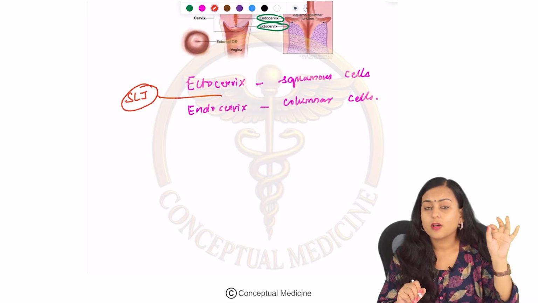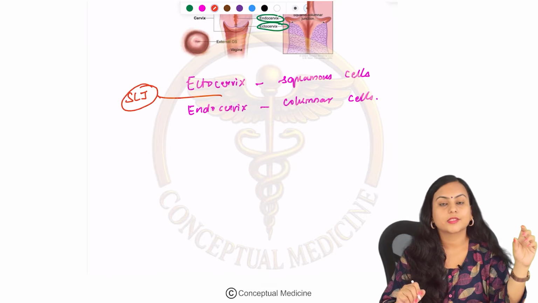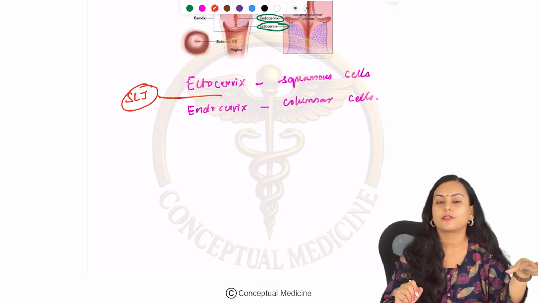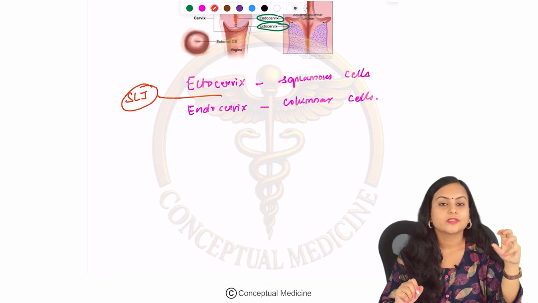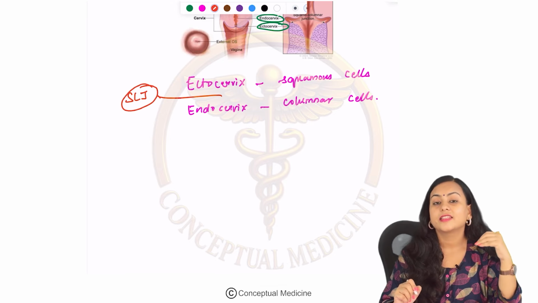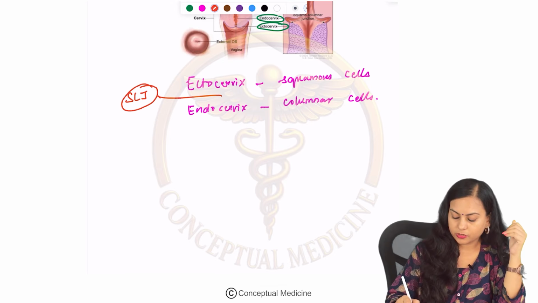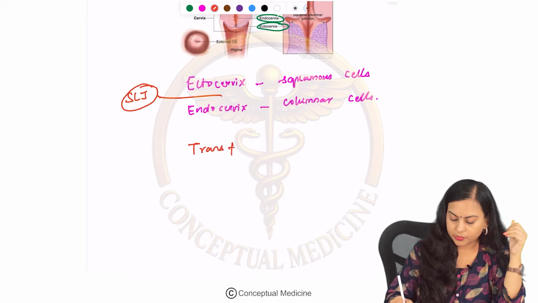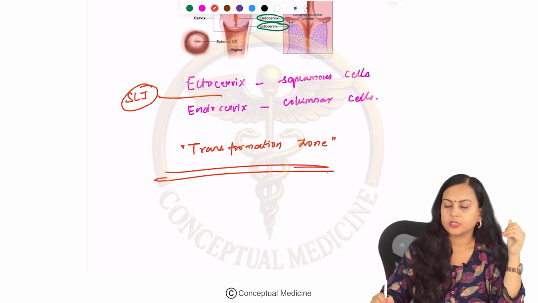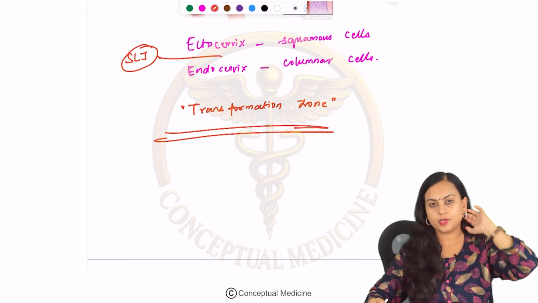And remember, this junction is not a static zone, it is a dynamic zone that changes during the entire life of a female. The region between the old squamocolumnar junction and the new squamocolumnar junction is known as the transformation zone, and the transformation zone is the common region for occurrence of carcinoma cervix.